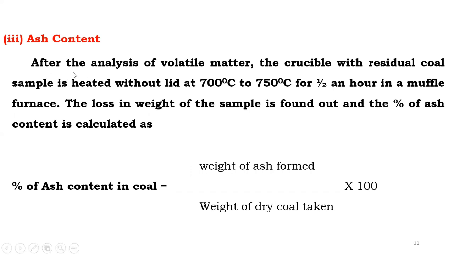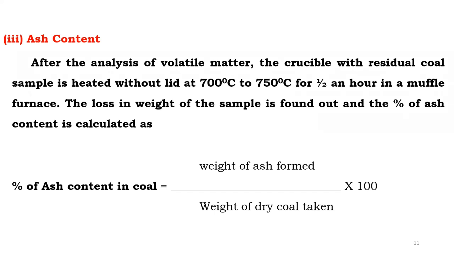After the analysis of volatile matter, the crucible with residual coal sample is heated without lid at 700 to 750 degrees centigrade for half an hour in a muffle furnace. The loss in weight of the sample is found out and the percentage of ash content is calculated. What does the ash content mean?